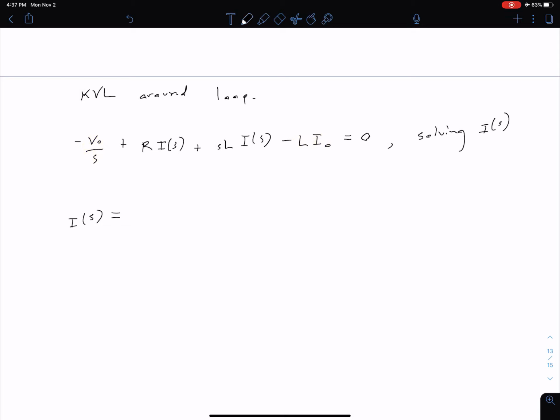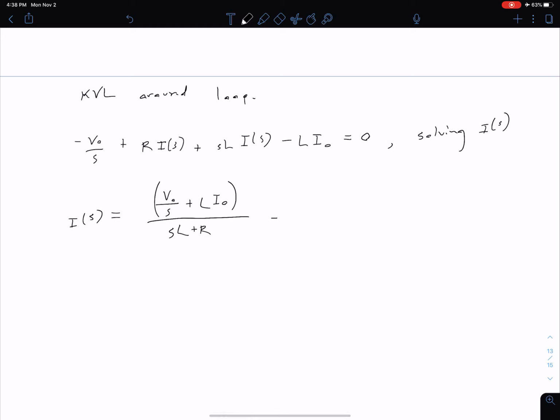So if we do that, we're going to have V0 over S plus Li0, and then we're going to divide by the terms here after we factor out our I of S. So that's going to be SL plus R. So we have divided by SL plus R.